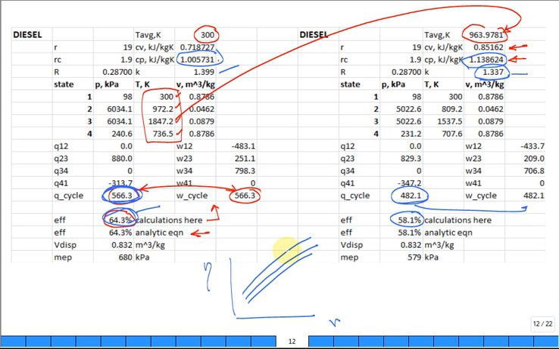If my memory is correct, R sub C goes approximately to 0, and then increasing R sub C. As R sub C goes to 0, and you somehow make the maximum temperature go up, you specify that maximum temperature, then that diesel cycle looks like the Otto cycle. One of the benefits of the diesel cycle is you can run compression ratios on the order of 20, 22 or more.